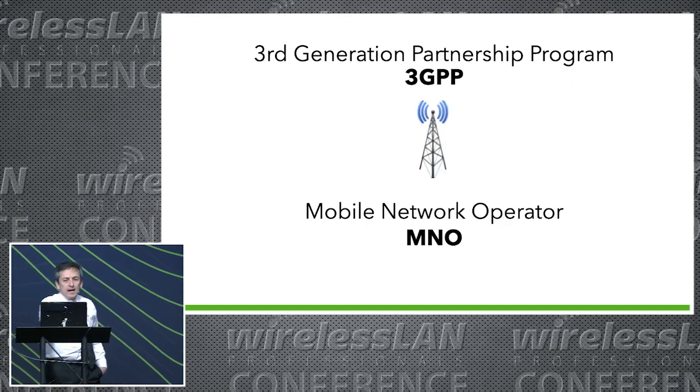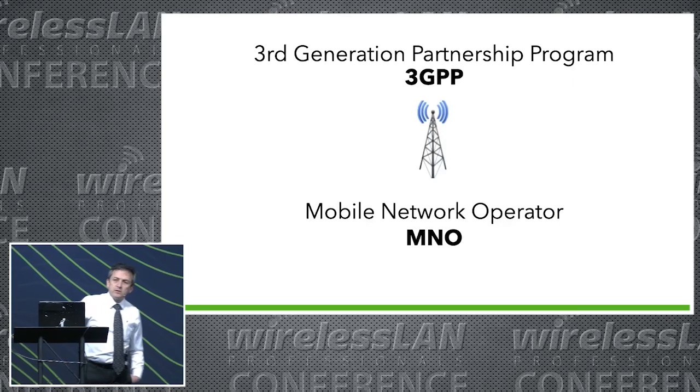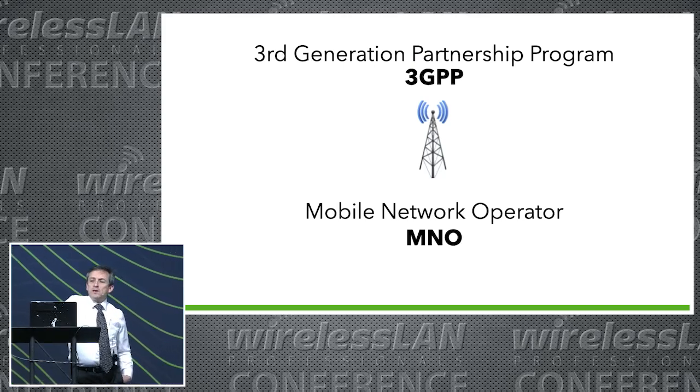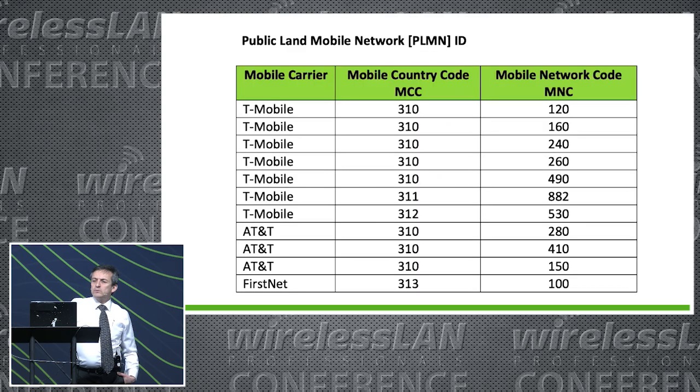So at the same time, in the cellular networks, we have the Third Generation Partnership Project. 3GPP is like the IEEE for us in Wi-Fi. They create standards and regulate all these mobile network operators. And to identify these mobile network operators, they're going to have these PLMN IDs.